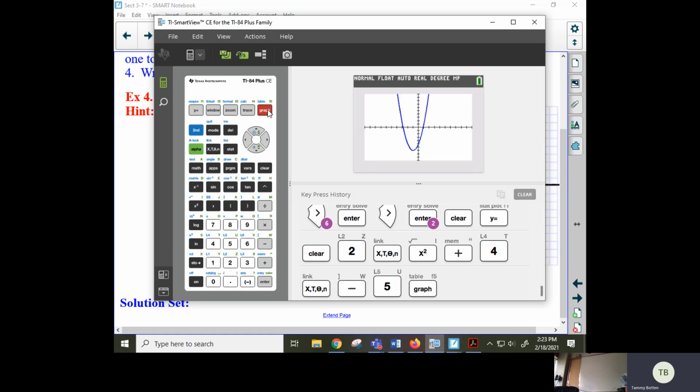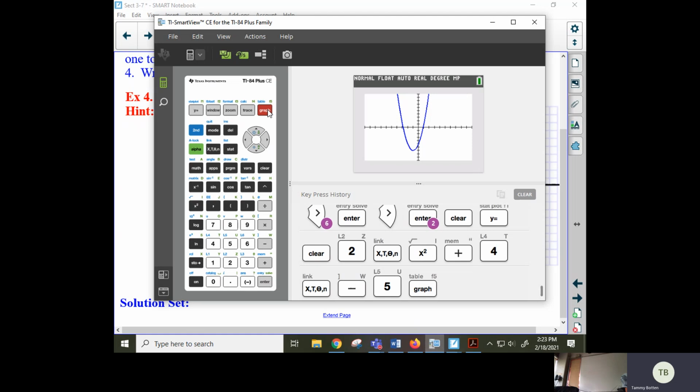And I can hit graph just to see kind of what it looks like. And then what I want to do is check where is my minimum or maximum. And do you guys agree this is going to be a minimum because it's opening up? If it was opening down, I'd be finding the maximum.